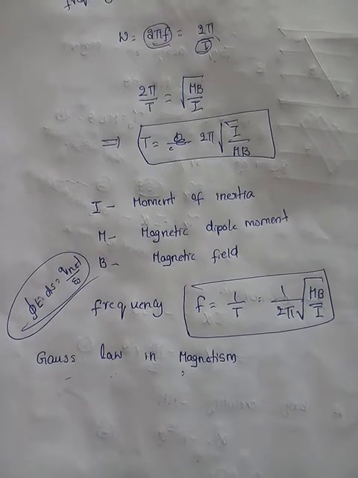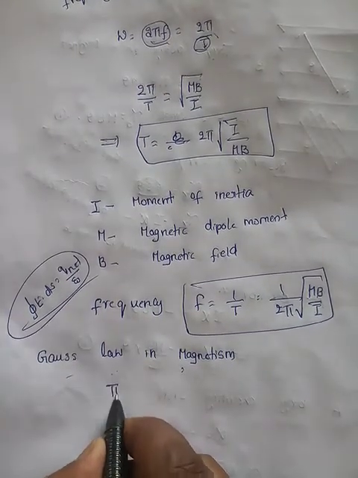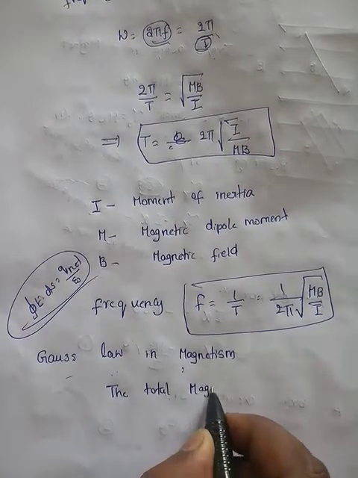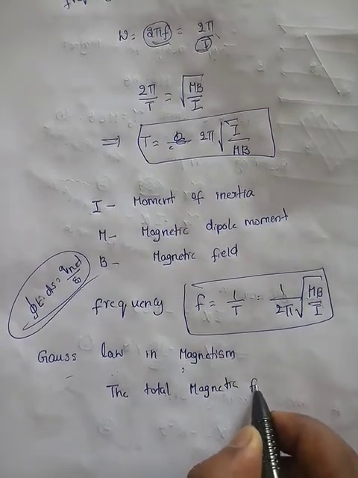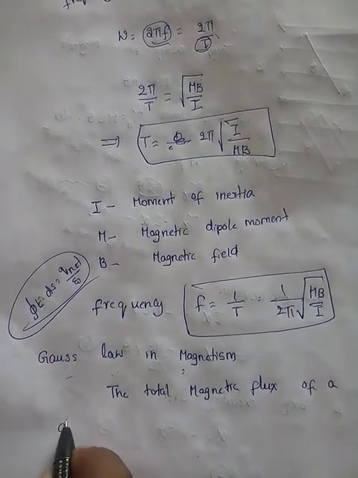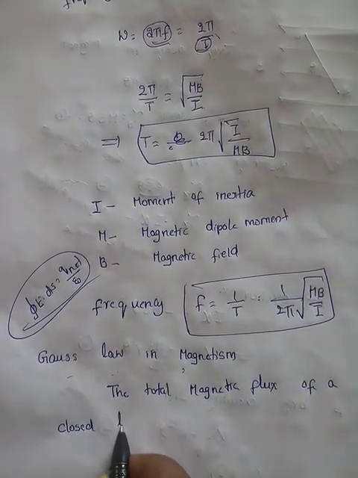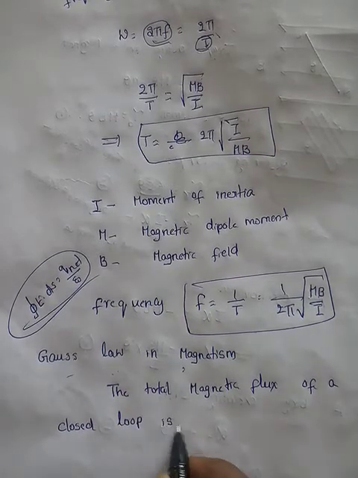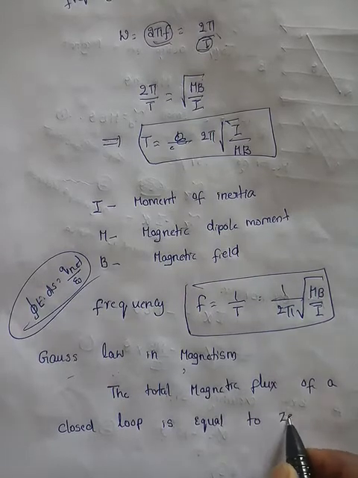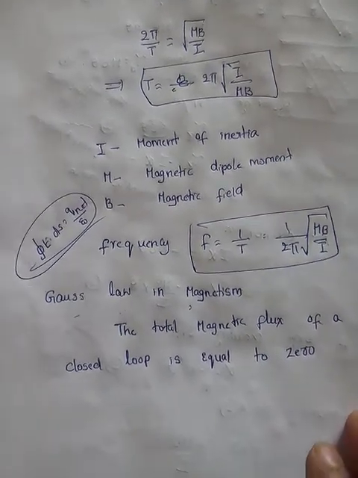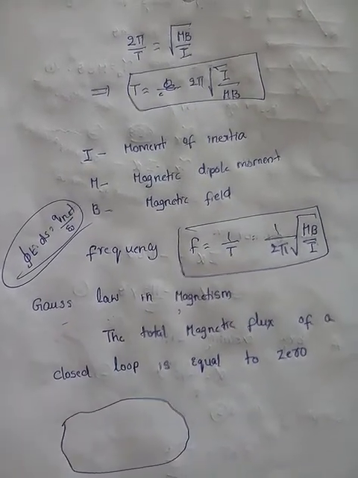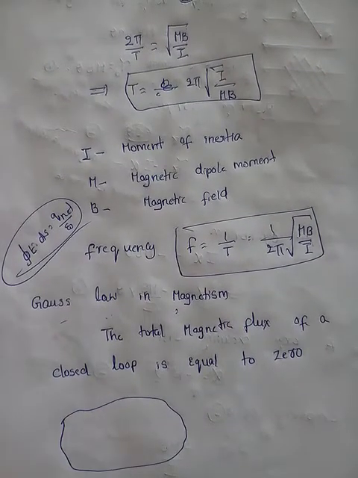So here, very simple: the total magnetic flux of a closed loop is equal to what? 0. Why 0? If you take any closed loop, what is the reason for the magnetic field? Pole strength, right? Yes.